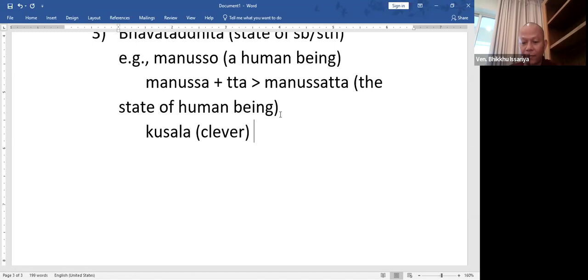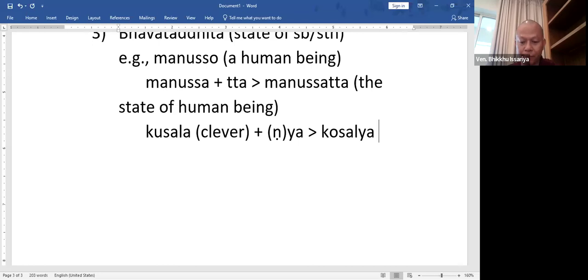And then after that we add the ya suffix. But this ya comes with a not letter, which is not used and later dropped. At that time, the starting vowel becomes Kausalya.